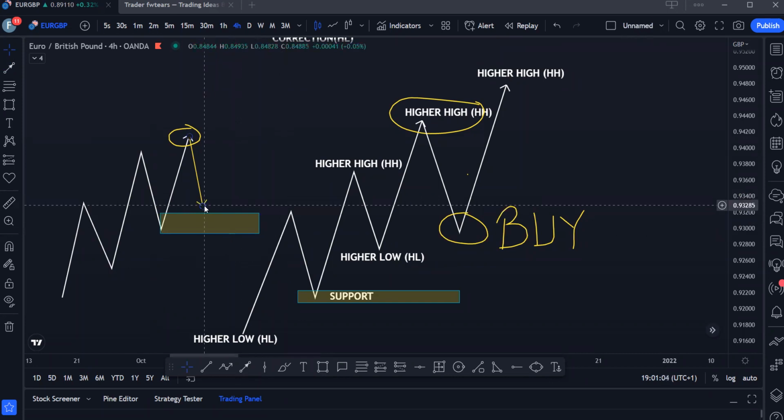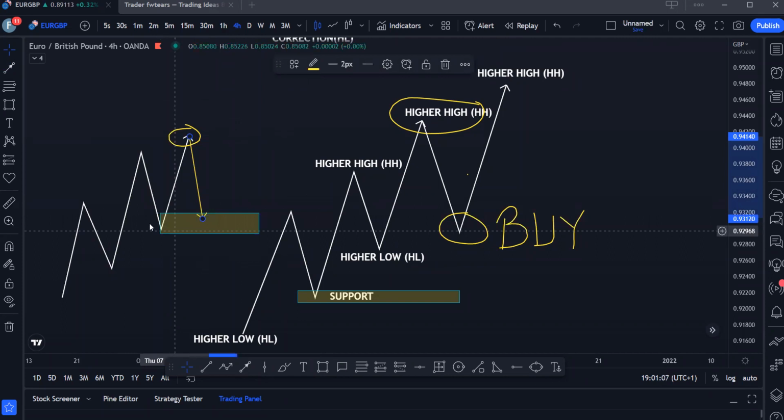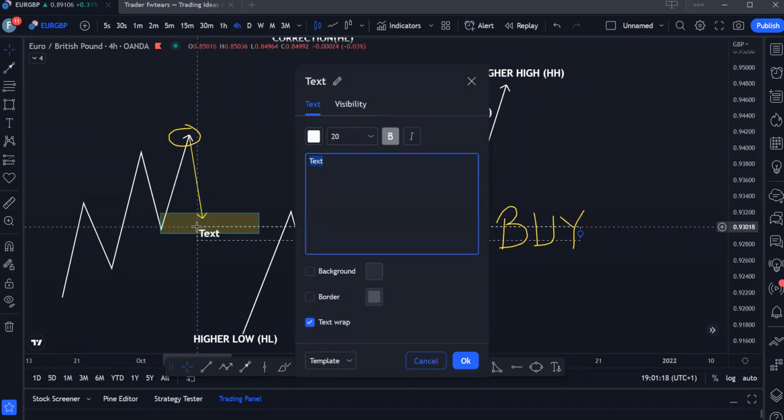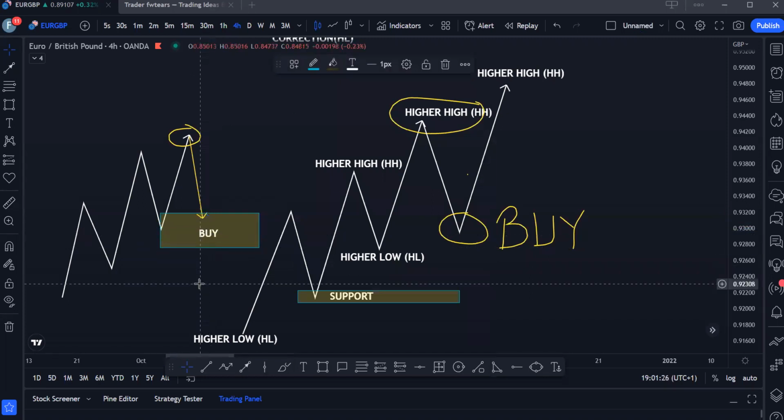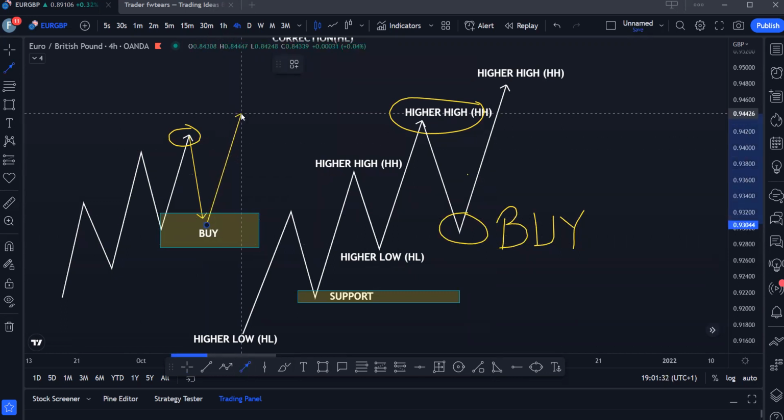You want price to correct into a support, which might possibly be your higher low. Once price corrects into a support, that is when you look for buy opportunities. So when all of this happens, you buy here, and then possibly that move might create a new high.